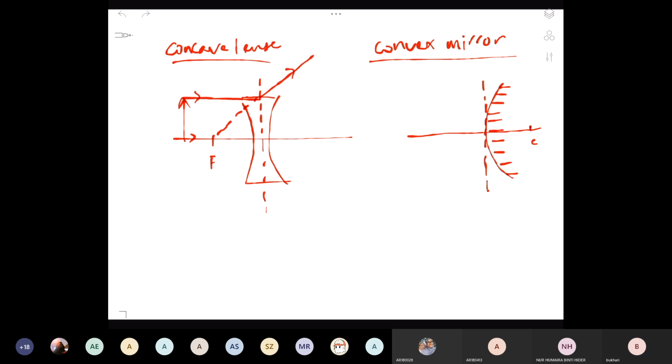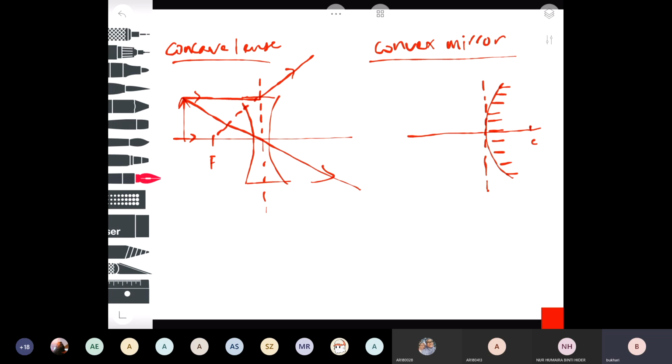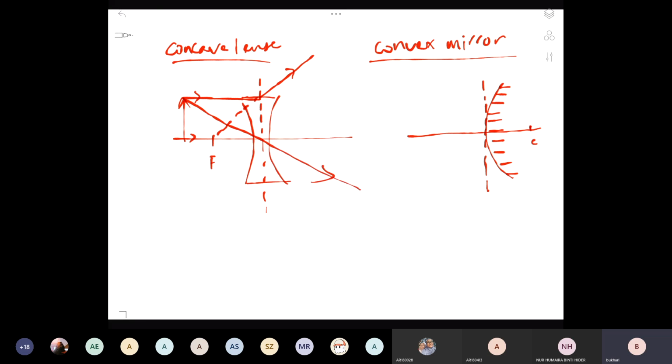And then light travels straight to the center of the lens. Okay, center of the lens, but there's no refraction. So where is the object now? The object is exactly on the intersection like that. Okay? Are you okay? Can you tell me the characteristic?